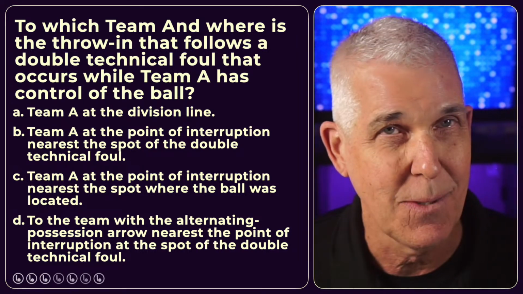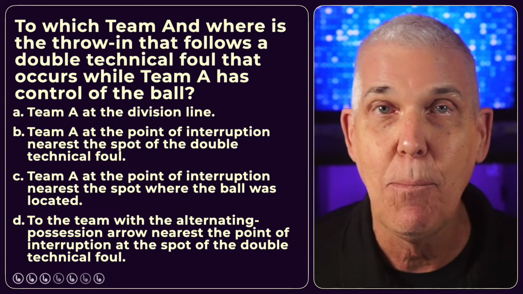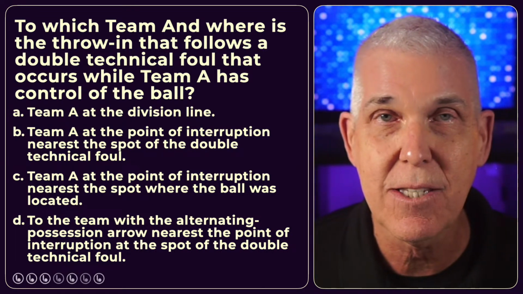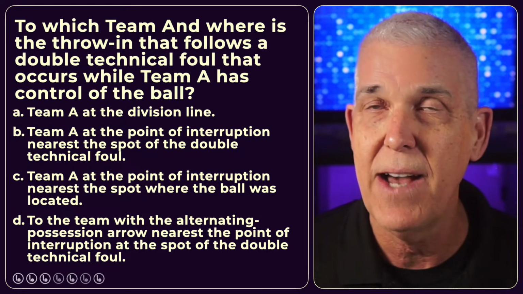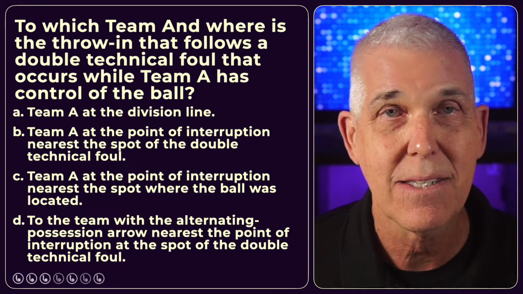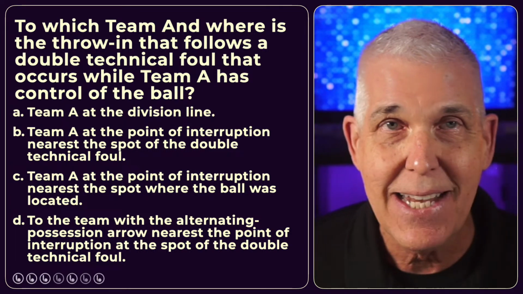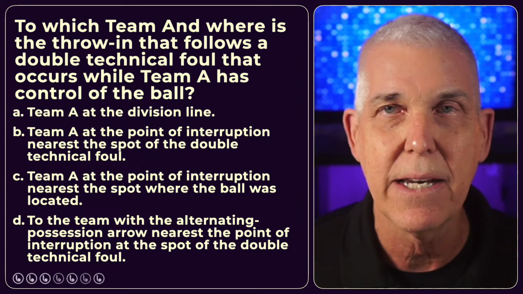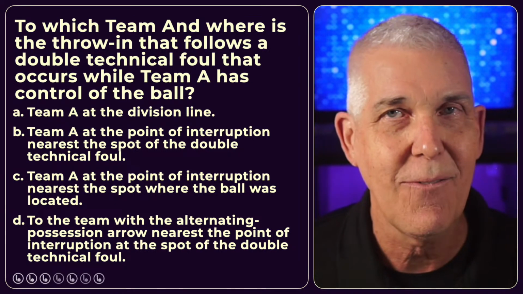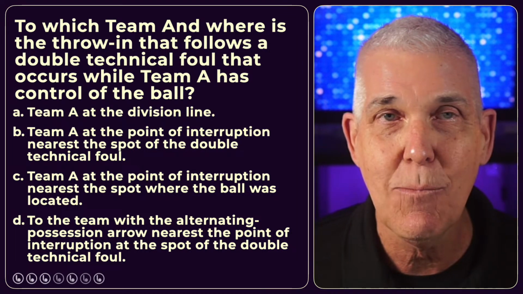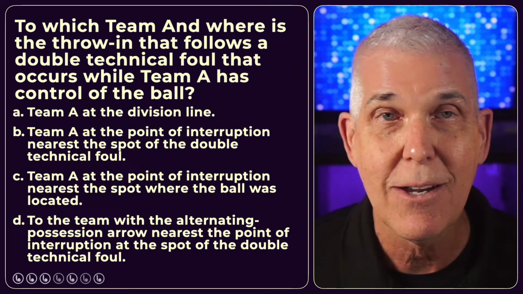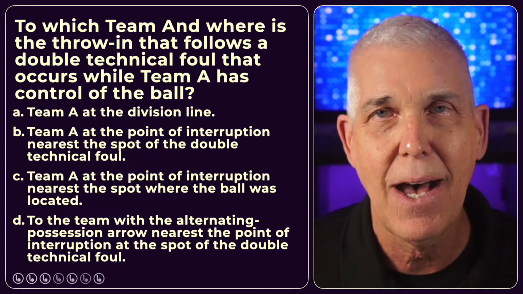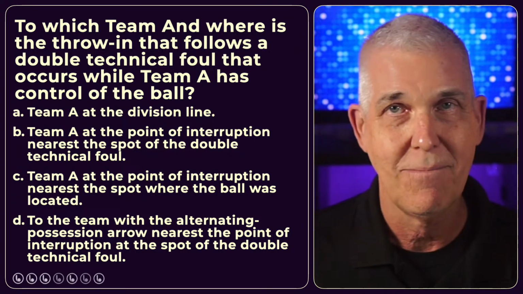I suppose that's possible. B, Team A at the point of interruption nearest the spot of the double technical foul. Makes complete sense. C, Team A at the point of interruption nearest the spot where the ball was located. That's definitely in the running. Or D, to the team with the alternating possession arrow nearest the point of interruption at the spot of the double foul. Wow. Okay. All right.